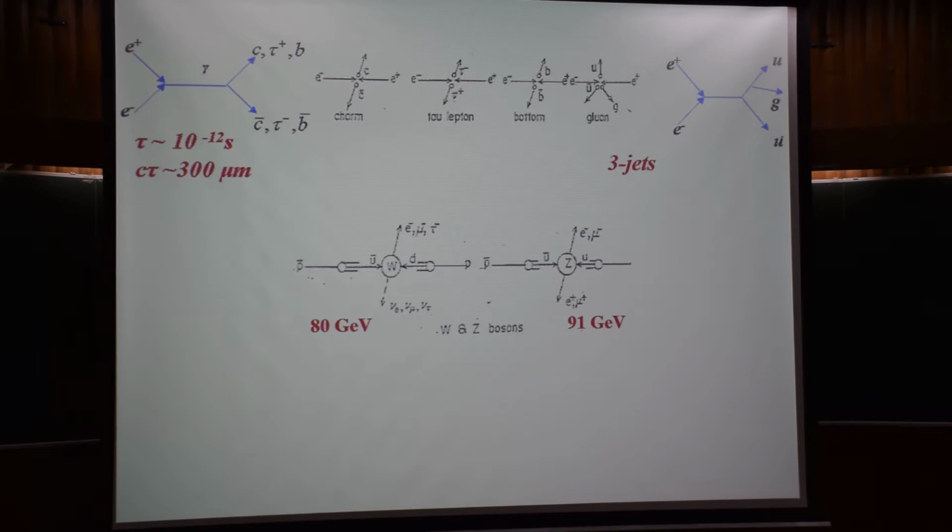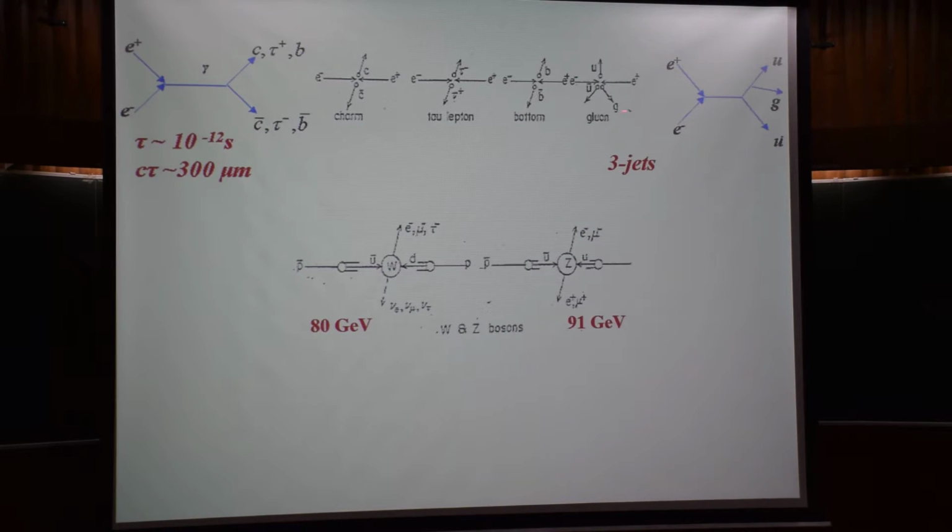So instead of a 2-body final state, you will see a 3-body final state, and when you see the 3-body final state, you see their energy distribution, angular distribution, rate, and you can compare with the QCD prediction, and from that comparison you know that it's the gluon.